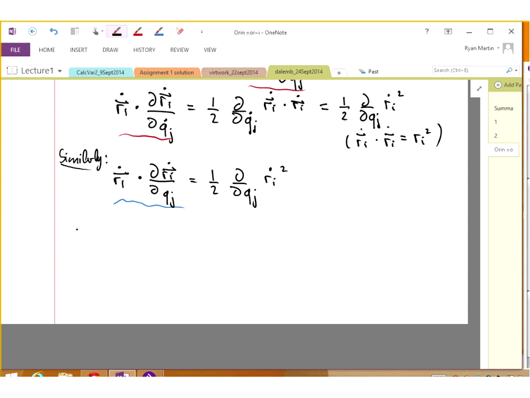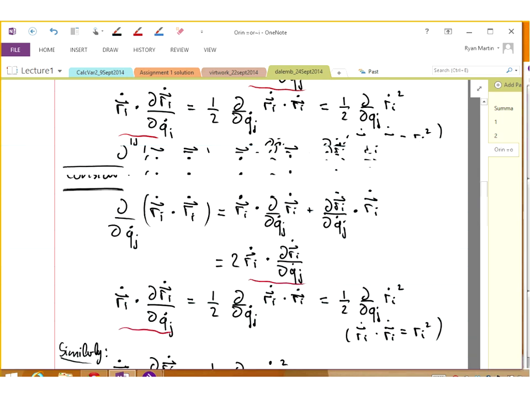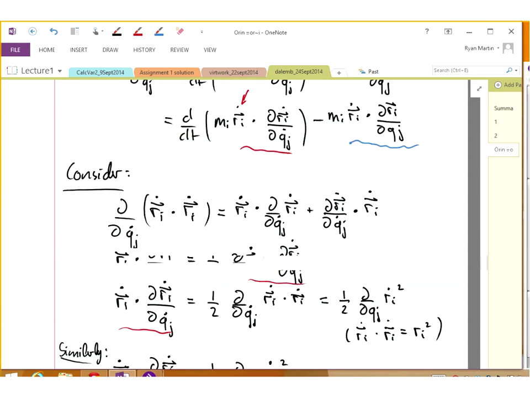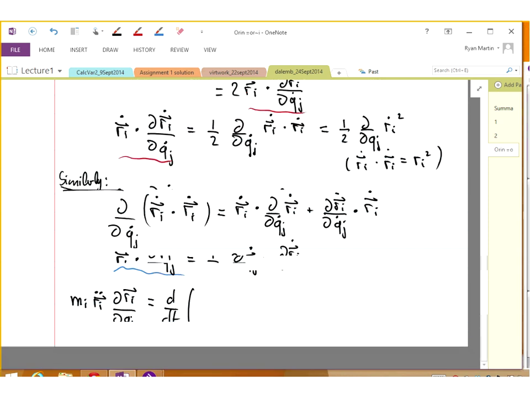Am I going to need a new page? No, I can write it all on one page. So the term we were interested in was m_i r_i double dot ∂r_i/∂q_j. And so that's equal to d/dt of this first term we have up here, right? And then the second term.